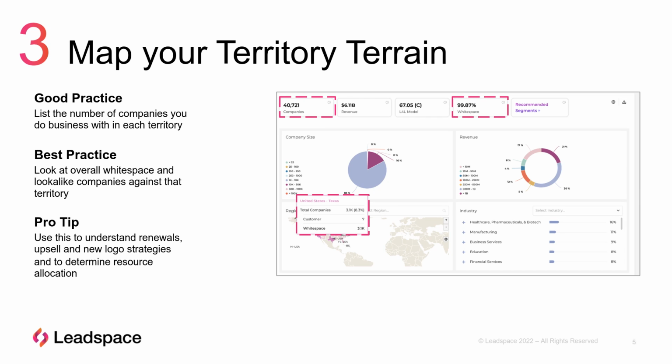But what we'd want to do now is look at both white space as well as where customers exist. If we again look at this sample data, and I'll point this out when I go to the demo, we've set up a broad TAM definition. So we see how many companies in the top left are included. We see what the white space is, which is going to be opportunities to sell into net new companies.